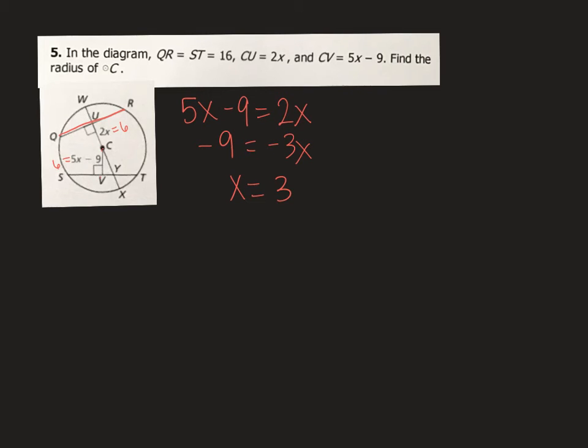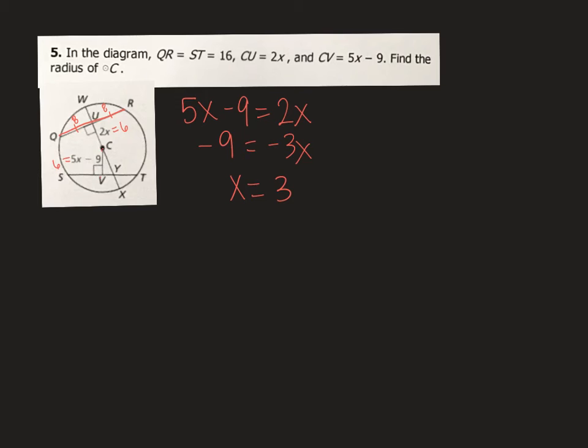Now, we know that QR is 16. We know that WX goes through the center of the circle, so it's a diameter, and it cuts that chord at a 90-degree angle, which means it's going to bisect it. So if the whole thing is 16, then each of those is 8. So here's the easiest way to solve that.